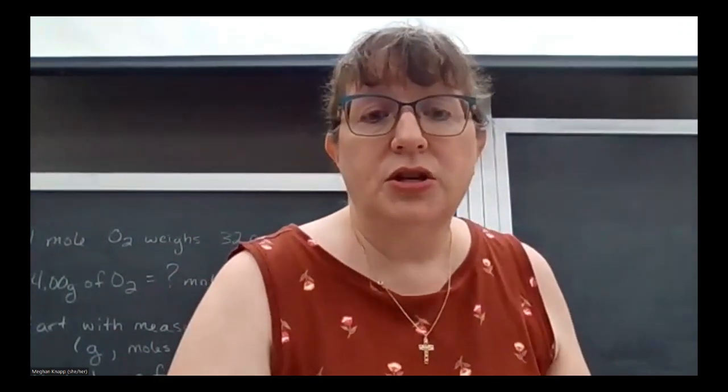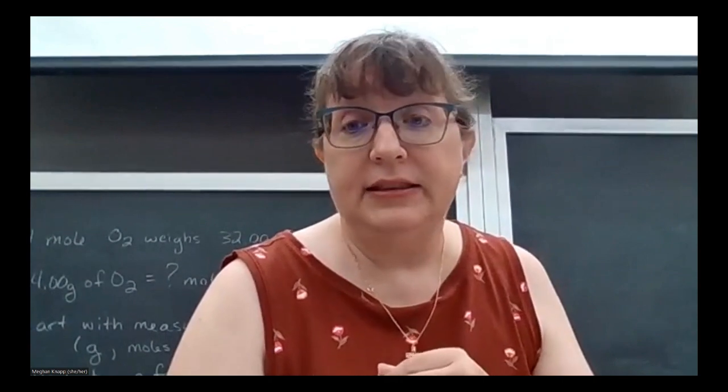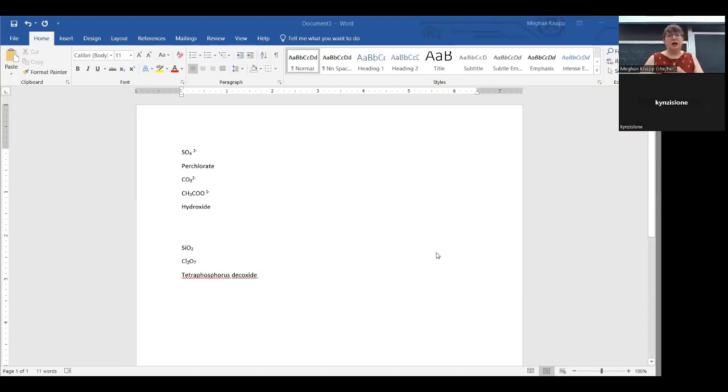Okay, so if you look at the board at the back on the left, I have a list of polyatomic ions there, starting with SO4 2-. For the ones that I have given you the formula, I want you to talk to the people at your table and decide what you think the name of that ion is. And then for perchlorate and hydroxide, I want you to come up with the formula.